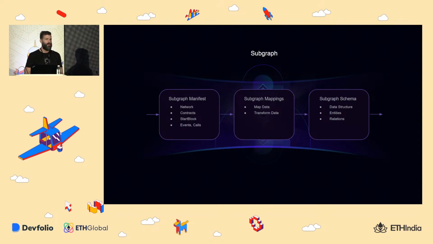So say you want to create time series data, or you want to create counts or any other aggregation of data, you would do that in the mappings. If this sounds a little bit complicated, it's not that much work. It's only these 3 files, and most of the things are happening in the schema and in the mappings.